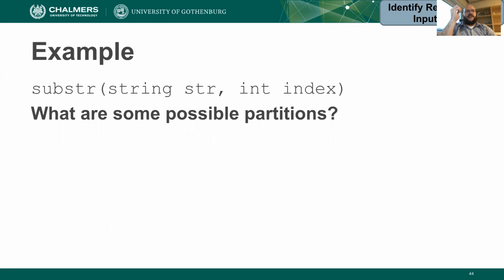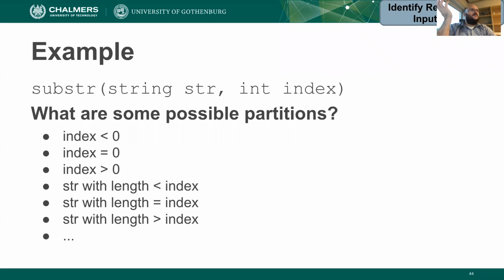Right? So if you think about it, if you have a substring function, it takes in a string and an index and returns everything after that index, or everything up to that index. What are some ways we could divide up the string and the index? Well, we might want it as just a default option. Try different values of that index.